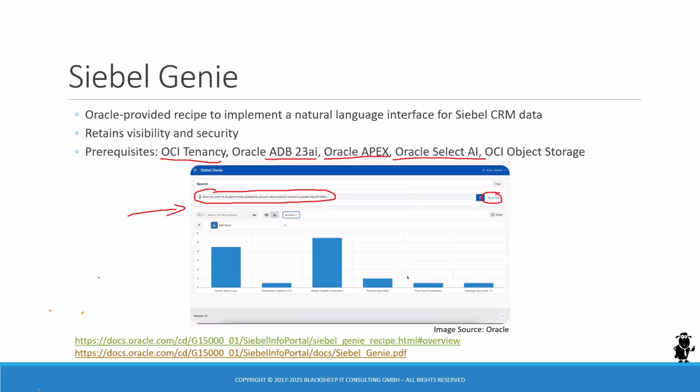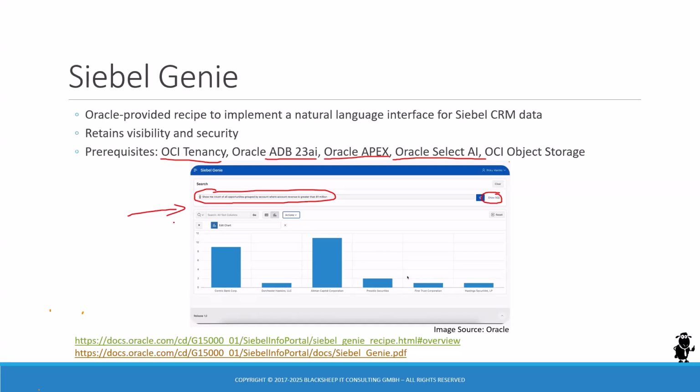Now, using SQL against the Siebel database is, of course, something you can always do, like select statements, either using Oracle Select AI manually or just select statements that you write in the classical way. But the thing, as we all know, with the Siebel database is that once you have access at the table level, you're losing all the visibility rules. So every user with access to that database can query all the data, regardless of organization or position or ownership.